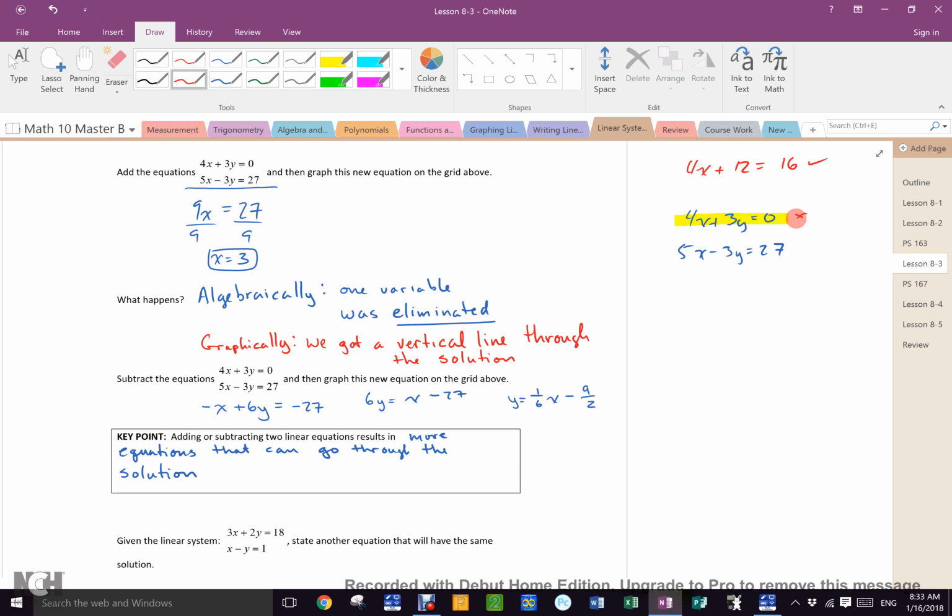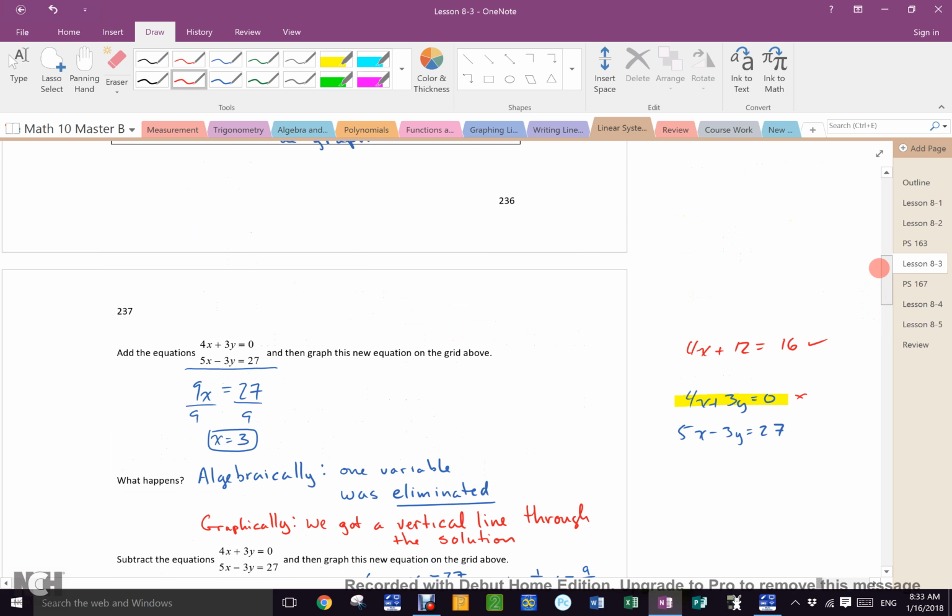So one of the three things we did helped us solve this. What did we have to do before we're able to move forward here? We have to get rid of a variable, yes? And which one of these three steps got rid of a variable for us? Was it the multiplying?